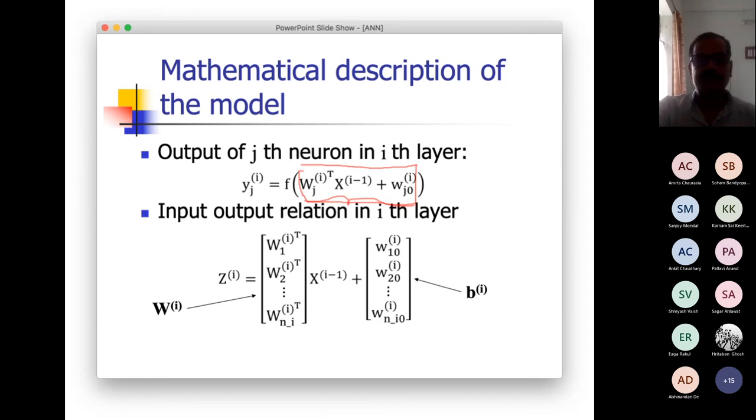Each row represents the input weights of the corresponding node, the jth node of that layer. But you have the fixed set of input vector from the i-1th layer. So this is a matrix. Can anyone tell me what is the dimension of this matrix?